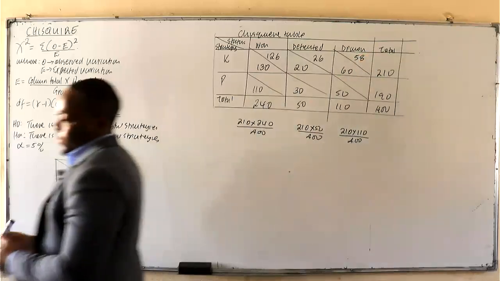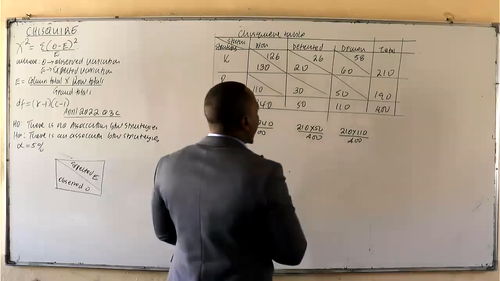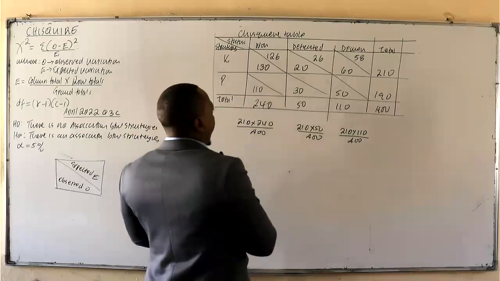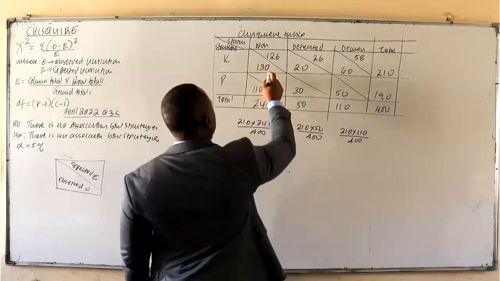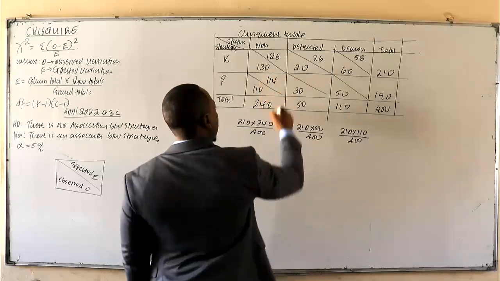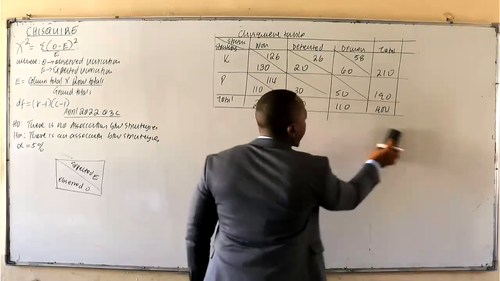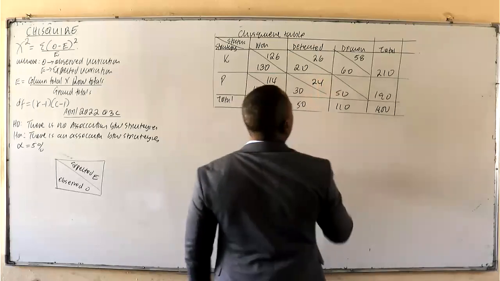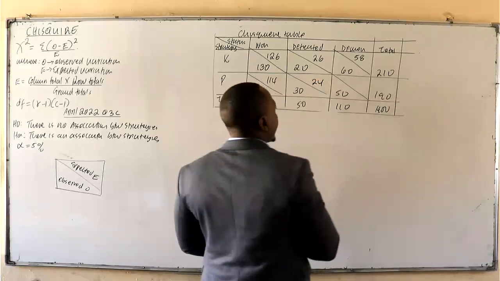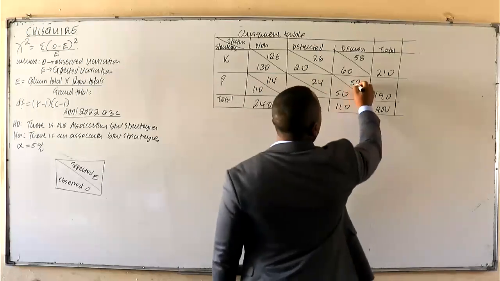Do the same here. 114. 24. We have 52. Good.